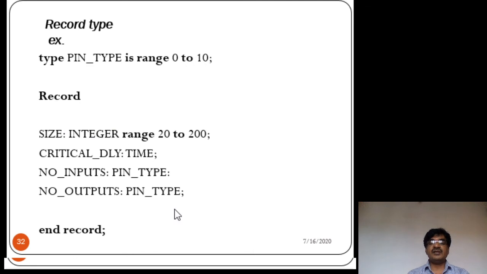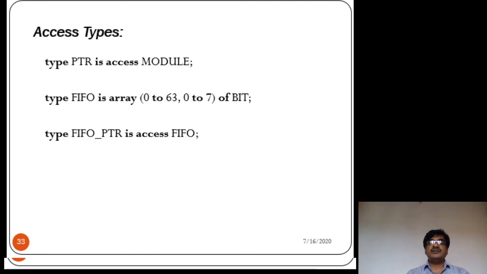And coming to access types, the access type declares pointers. You already have an idea of pointers in the C or C++ language. A pointer is used to access data from different memory locations. Here is one example: type PTR is access module.